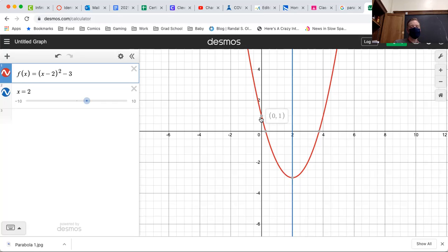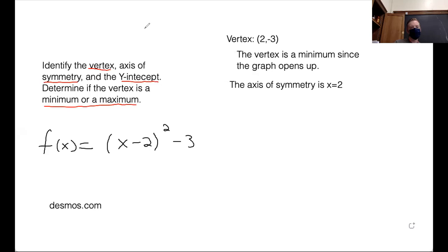So that's what I want to include on my answer. So I'm going to say the y-intercept is (0, 1). And so this is everything that we have been asked to find.